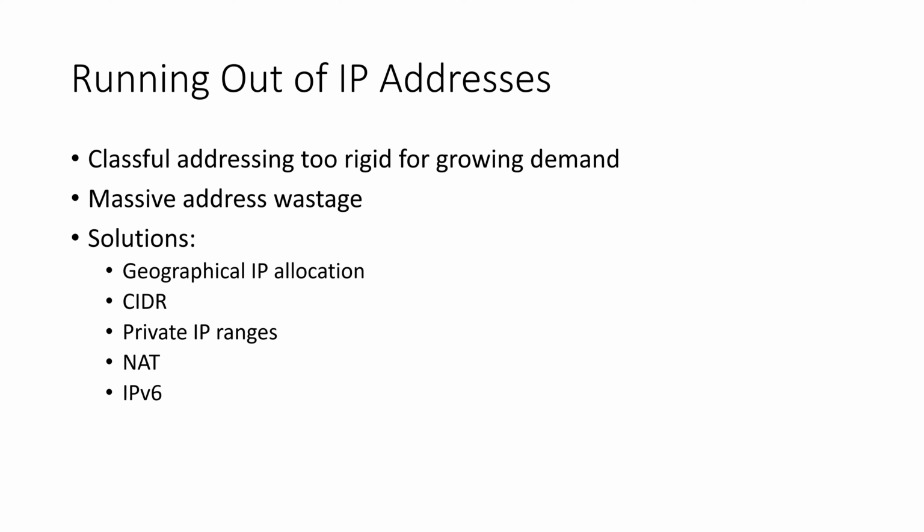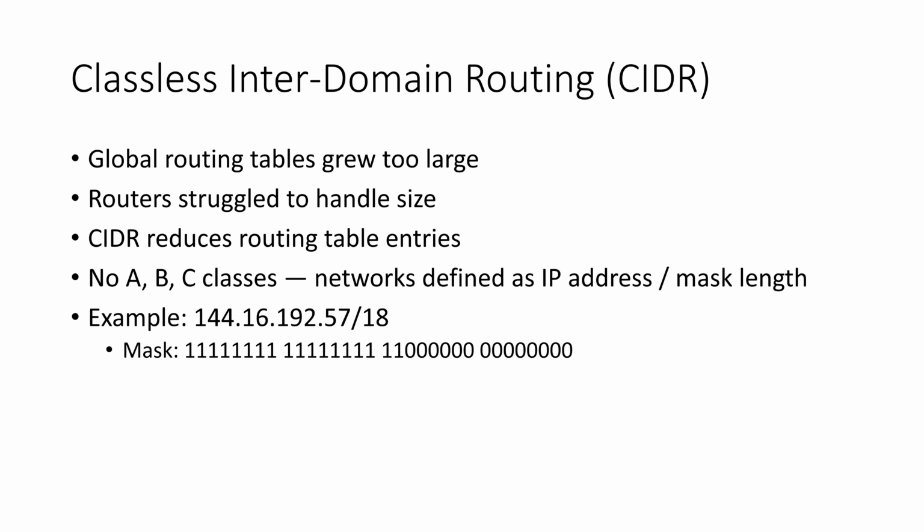So, CIDR abandoned rigid classes, allowing better aggregation and efficient address management, reducing wastage and preventing early exhaustion of IPv4 space. As the number of networks worldwide surged, the global routing tables saturated and routers struggled under the load, needing more memory and processing power to manage huge tables of routes.